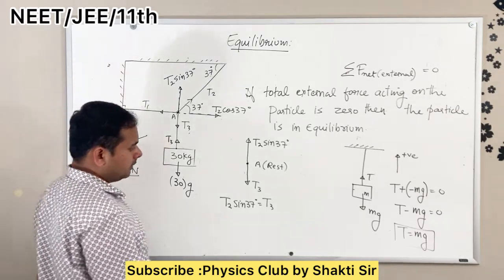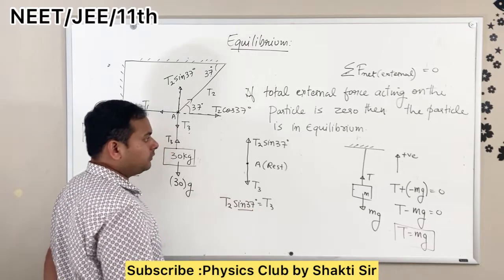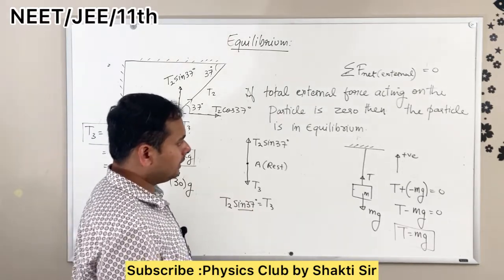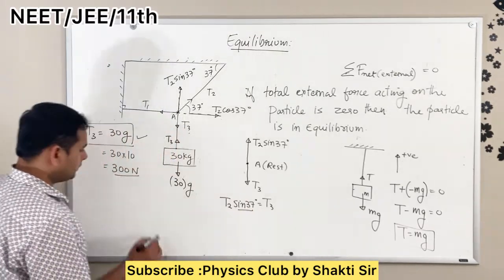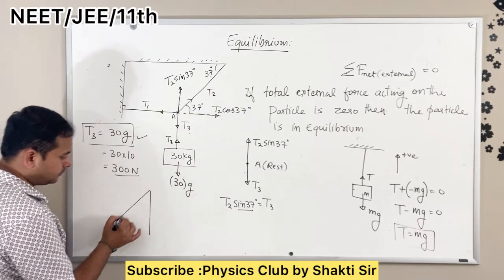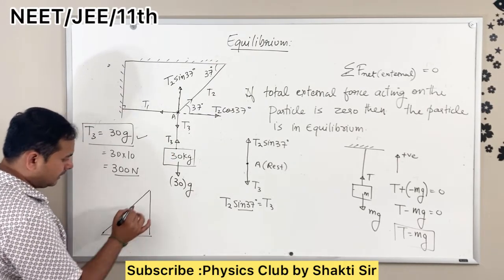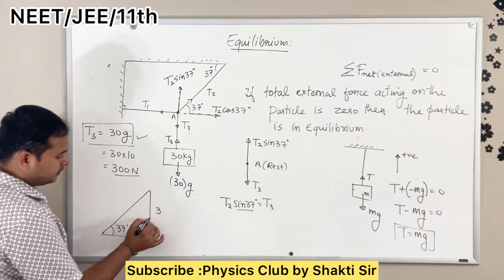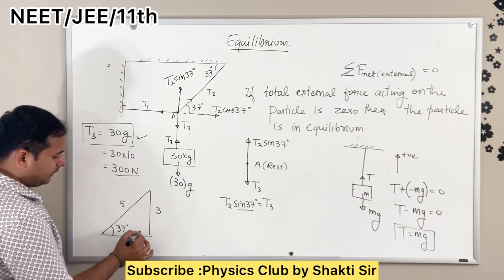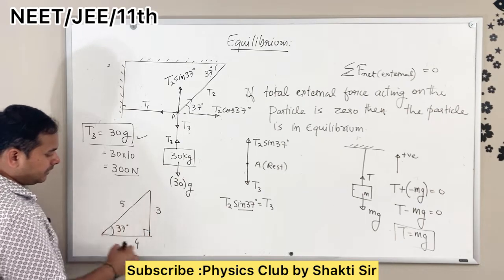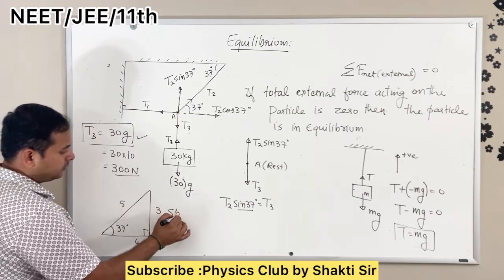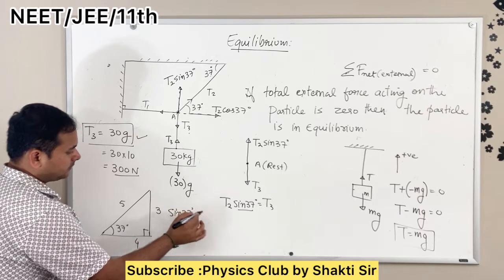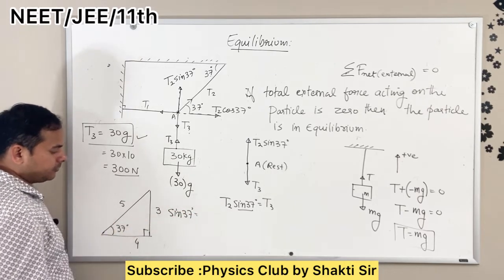Sine of 37. We know how to solve this. So this is the ideal triangle. This is a right angle triangle. This angle is 37. This is 3, 4, 5 right angle triangle. So from this triangle, the sine of 37 is equal to perpendicular upon hypotenuse.